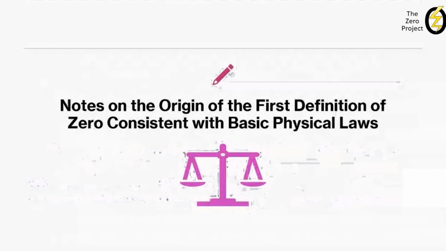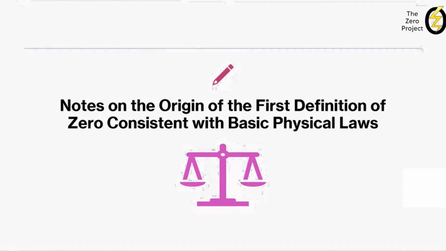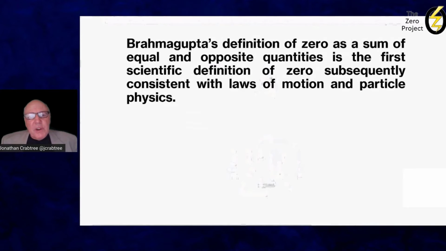The paper that I have notes on the origin of the first definition of zero consistent with basic physical laws. Brahmagupta's definition of zero as a sum of equal and opposite quantities is the first scientific definition of zero, subsequently consistent with laws of motion and particle physics.